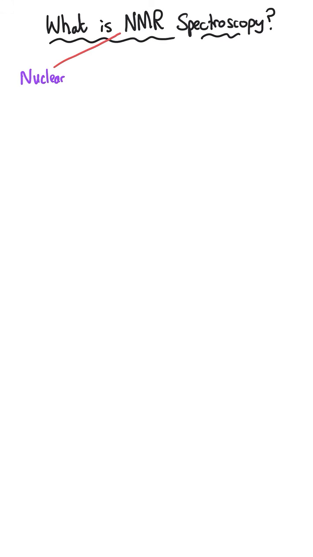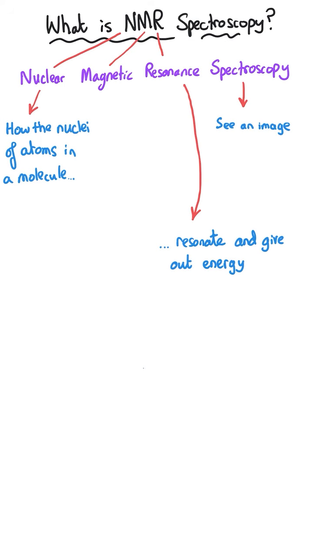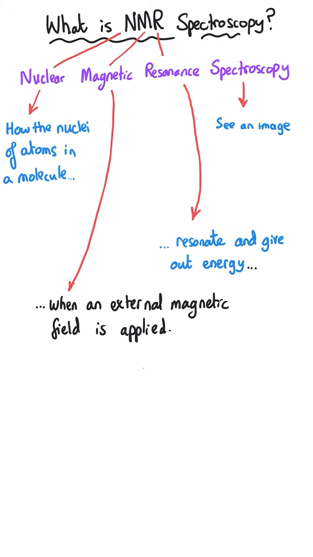NMR stands for Nuclear Magnetic Resonance Spectroscopy, and that is an incredibly descriptive name because what we're doing is looking at the nuclei of atoms within a molecule and seeing how they resonate when an external magnetic field is applied to them.